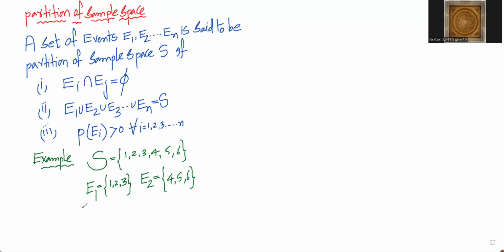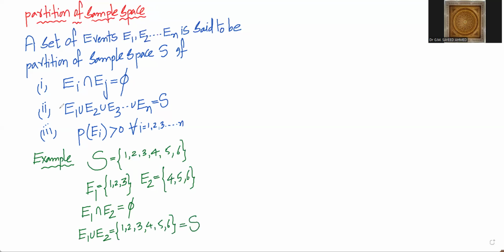Now tell me what happens if I do E1 intersection E2. We don't get anything: the empty set, no common element. And if you find E1 union E2, writing in order from the least element, it is nothing but S only.